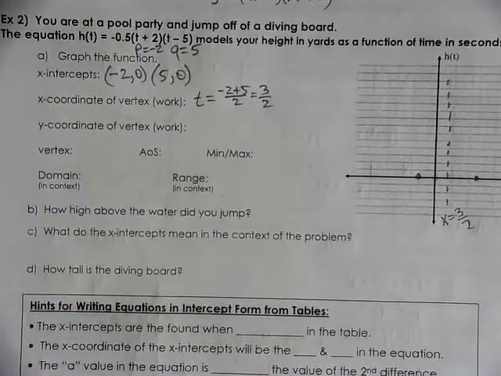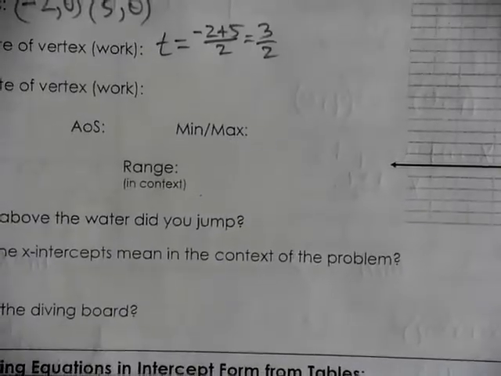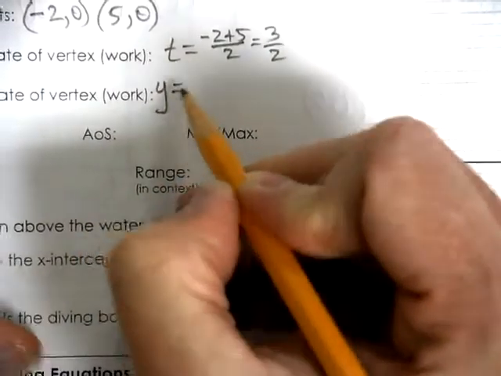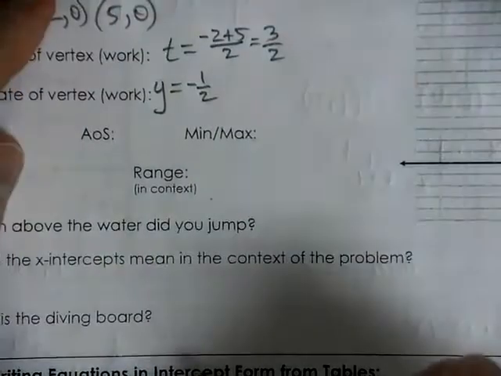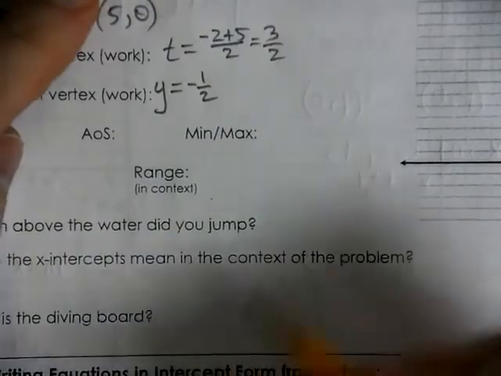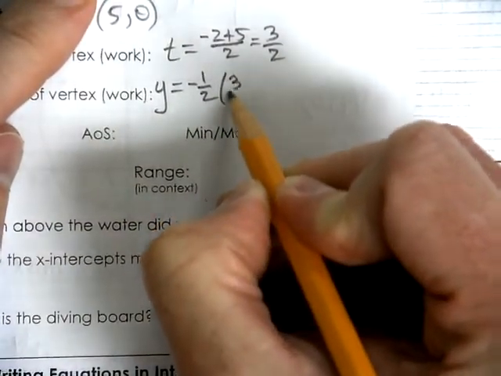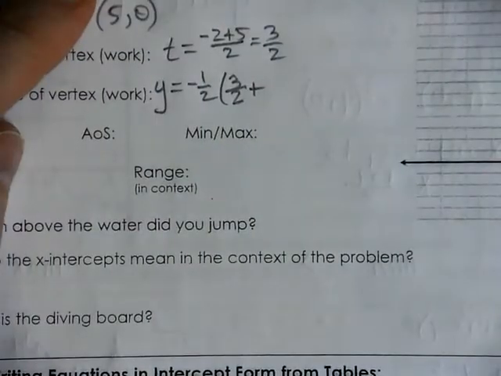And then to figure out what our vertex is, this is a little tricky. Hang on here, this has a little bit of math involved. We're plugging the 3 halves into the equation.